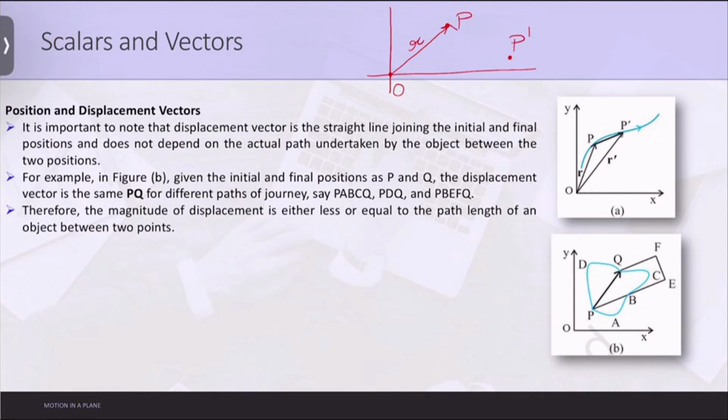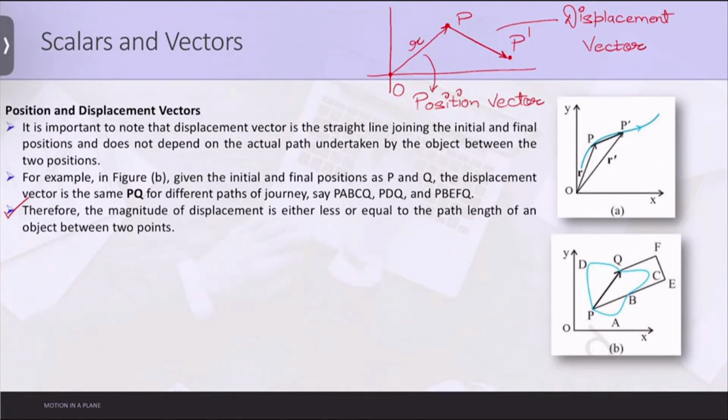When the object goes from P to P dash, the vector which goes from P to P dash is your displacement vector, and this is your position vector. Fine. That is how the consideration is being done here. Okay. Therefore, what is the final point? The magnitude of displacement is either less than or equal to the path length of an object between two points.